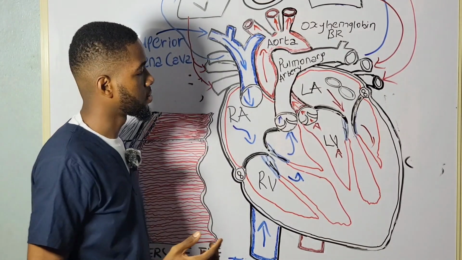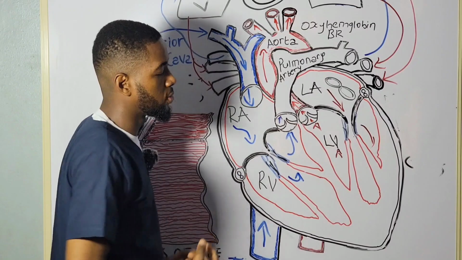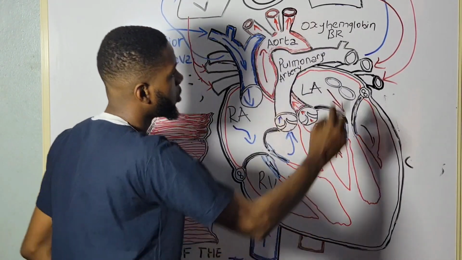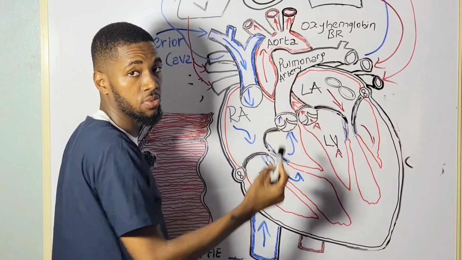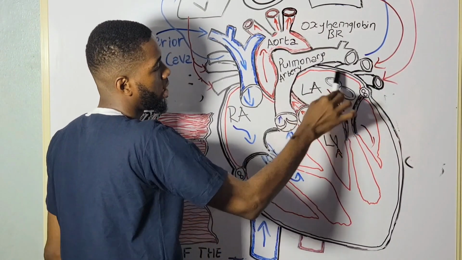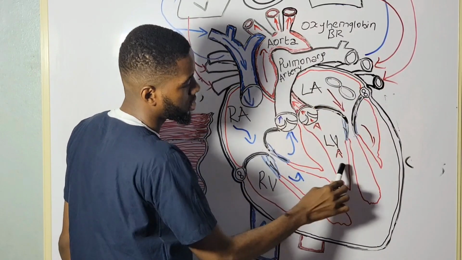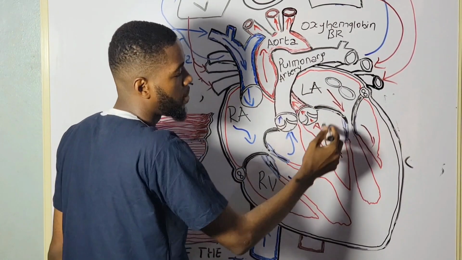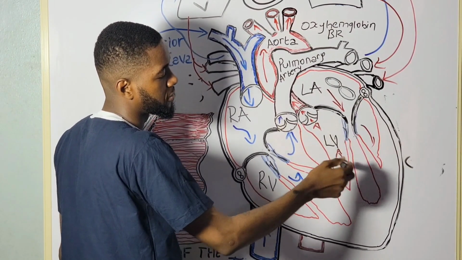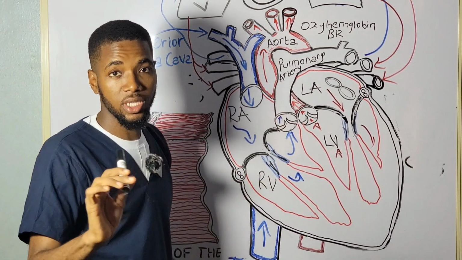Now, what else? Something worthy of note is this. Suppose blood were to flow in from the pulmonary veins into the left atrium. When the left atrium gets filled with blood, that blood is pumped into the left ventricle. Now, by the time the left ventricle has gotten the sufficient volume of blood it needs, this is what happens.